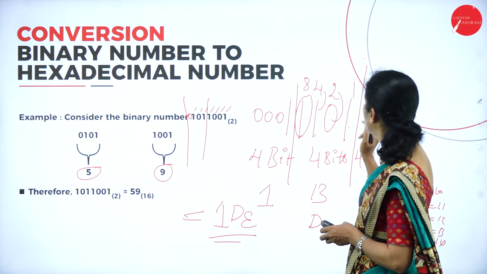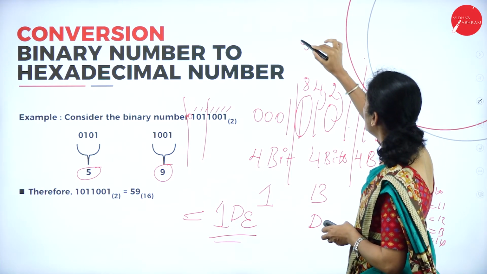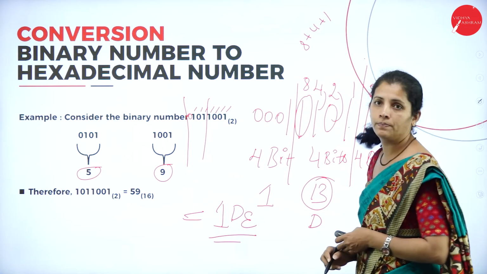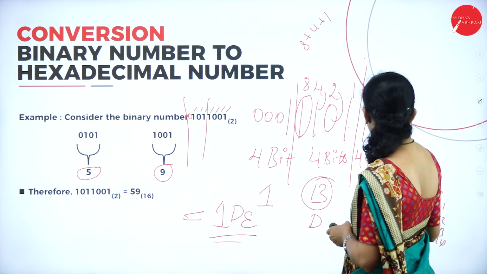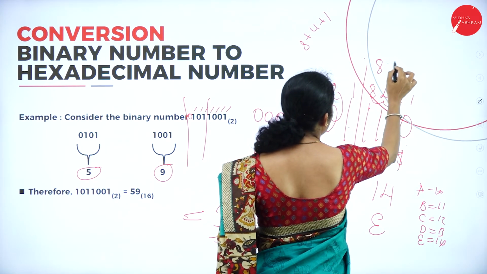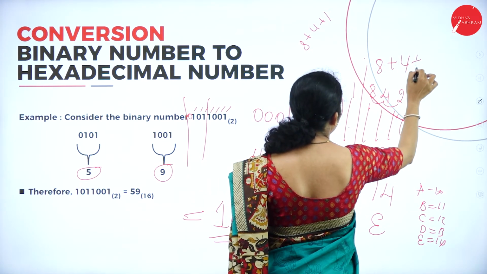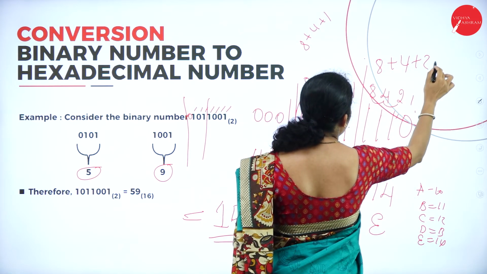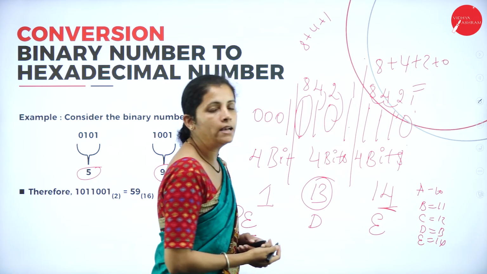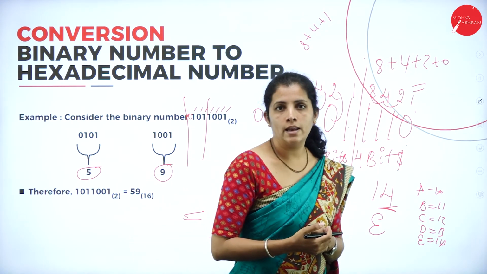And 1 into 1, it is 1. So 8 plus 4 plus 1, it is 13. And for this one, 1 into 8, 8. 1 into 4, 4. 1 into 2, it is 2. 0 into 1, it is 0. So it is 14. Like that, you can calculate.